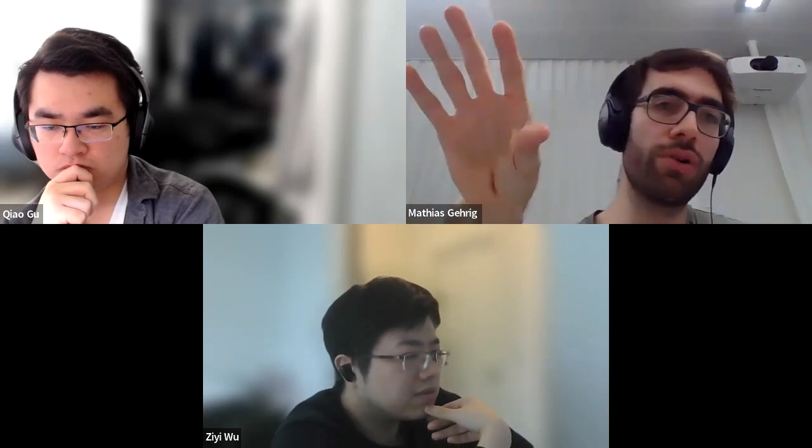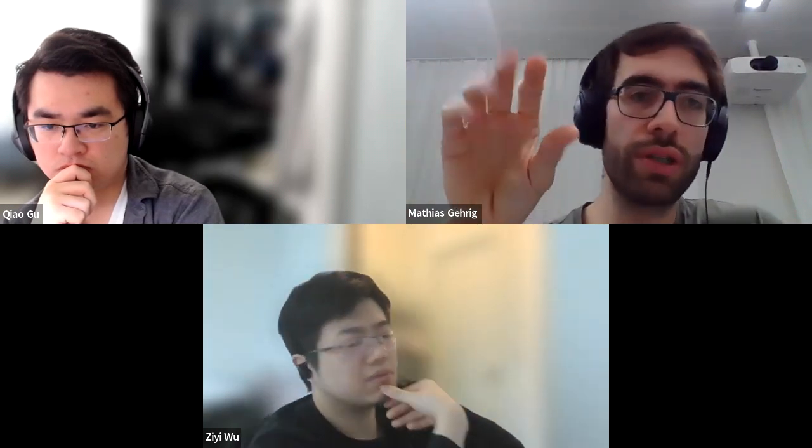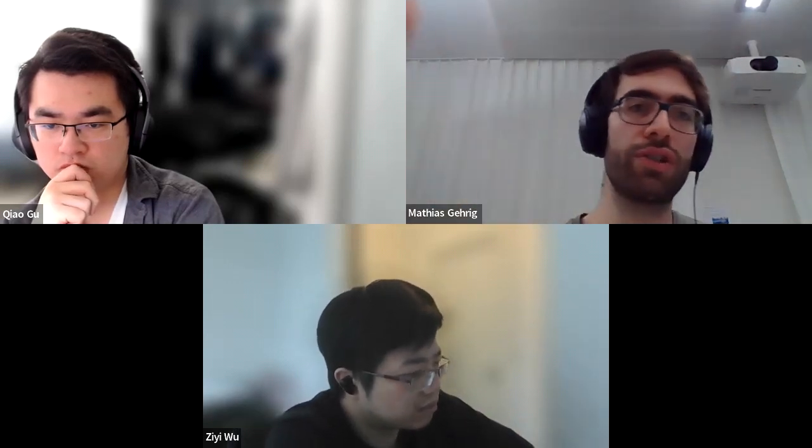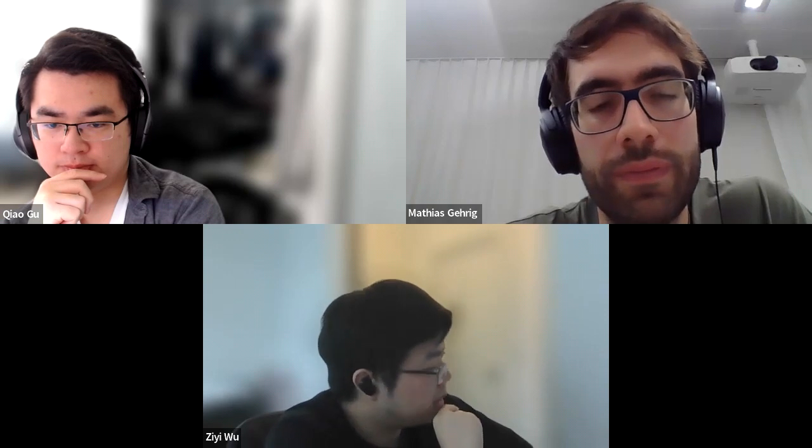For example, if you take E-RAFT as it is pre-trained and deploy it on some indoor scenes with handheld motion, I'm not sure it will work super well, because the model was only trained on driving scenes, right? So there's a huge prior on what it expects to see. If you want to generalize to different scenes, you also need more variation in the data set. Yeah, that makes sense.